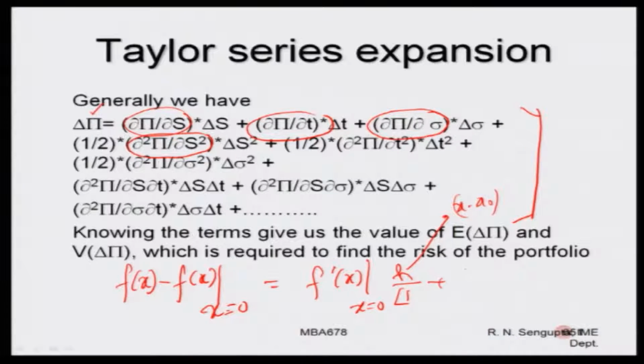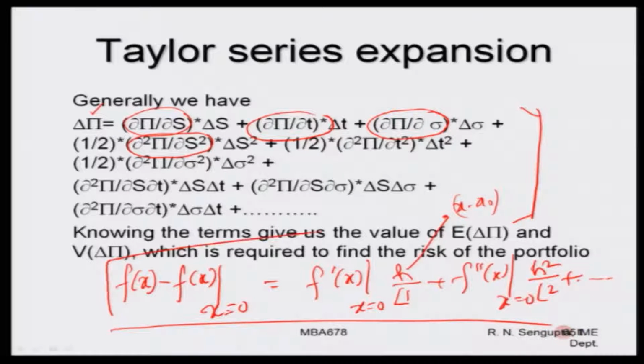Then you have f double prime at x naught into h square by factorial 2, and continue. So this is the univariate case, remember. Now to draw the multivariate case, let us delete this.